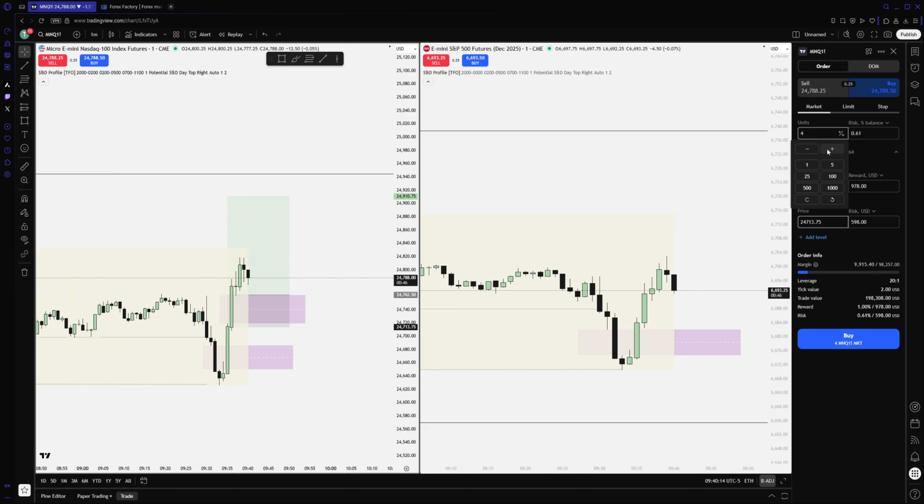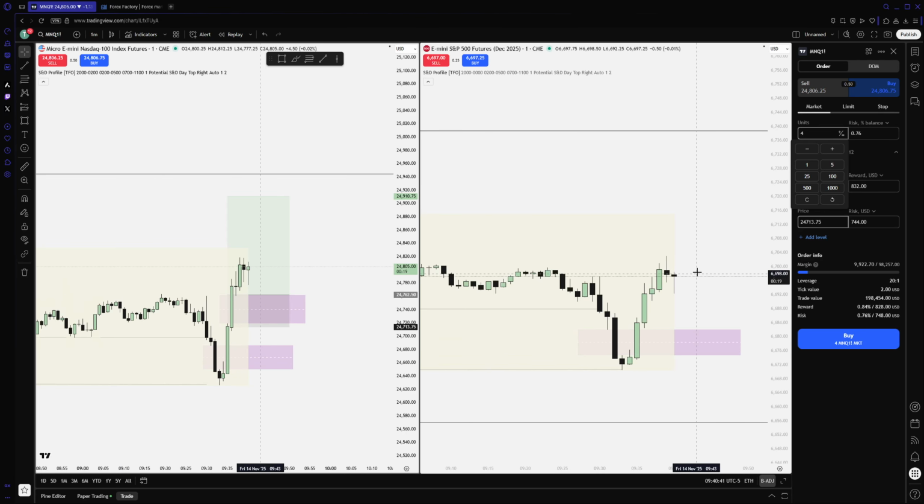Yeah, so we're finally getting that retrace, which is exactly what I want to see. If we close this and we close above, then I'll just take the entry, right? If we close above this candle, I'll take the entry, although I'll just have to market order this.